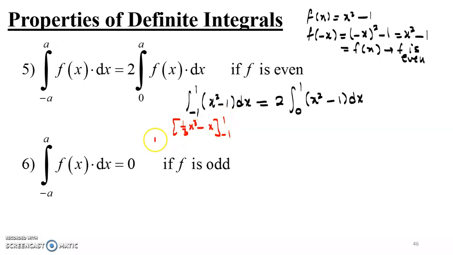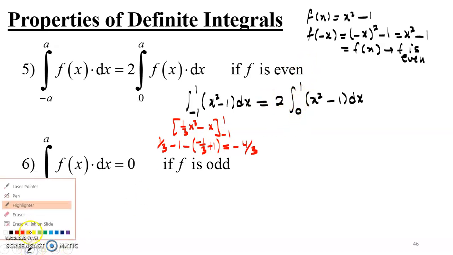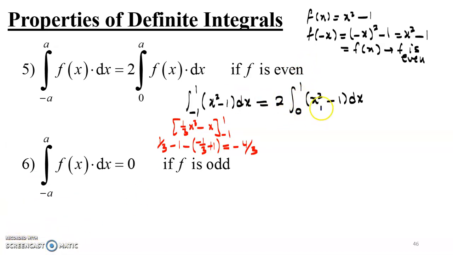So that is (1/3 minus 1) minus (negative 1/3 plus 1), which is negative 2/3 minus 2/3. That is negative 4/3.